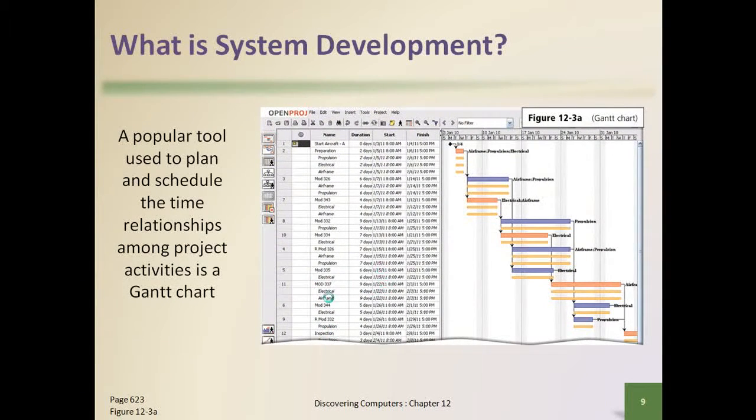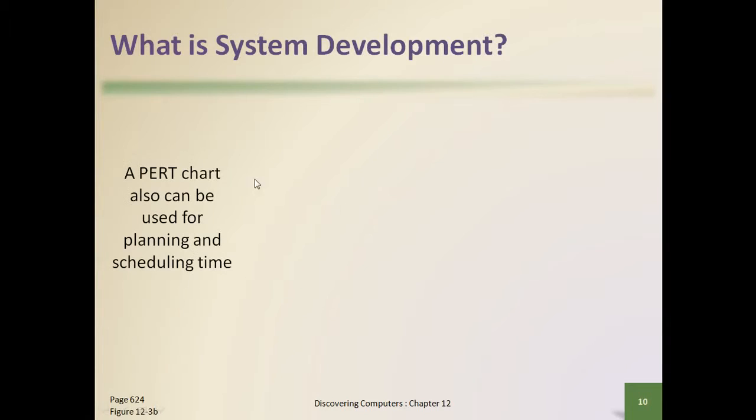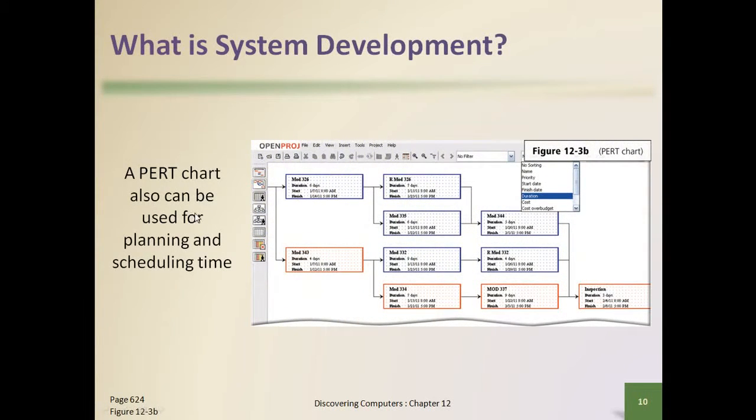A popular tool used to plan and schedule the time relationship among project activities is a Gantt chart. A PERT chart also can be used for planning and scheduling time.